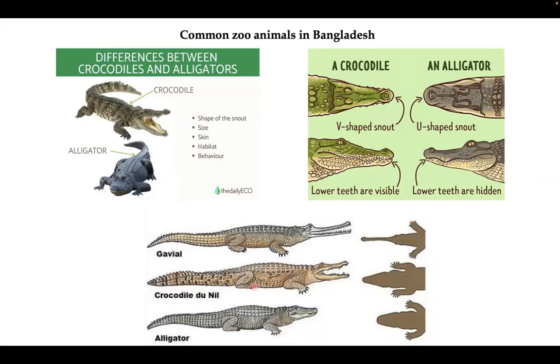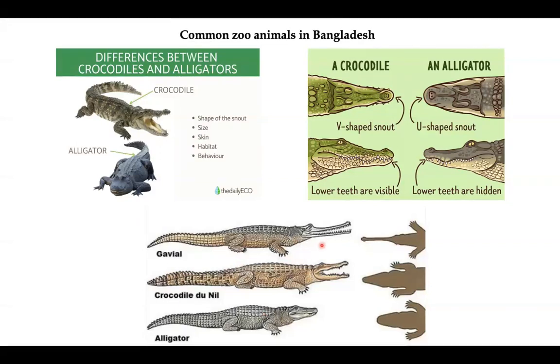So there are some differences actually, and they are not all the same, although belonging to the same order, but they are different kinds of animals. And the gavial or gharial is mostly native to our continent. That is why you may not see a lot of detail in channels like National Geographic or Discovery about ghorial.